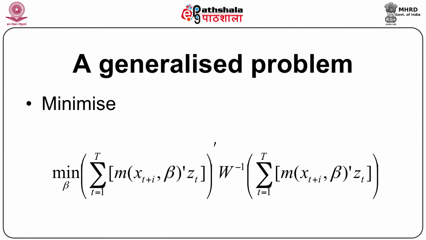Now let us again use the minimization of a quadratic function, where you minimize the sum over t from 1 to T of m(x_{t+i}, beta) z_t, whole prime, W inverse, times the sum from 1 to T of m(x_{t+i}, beta) z_t.